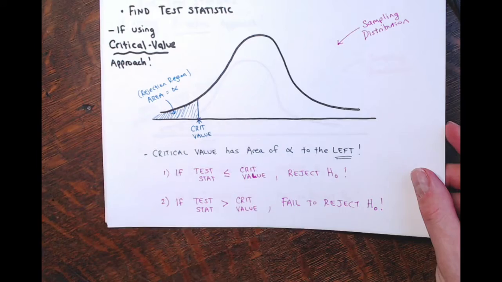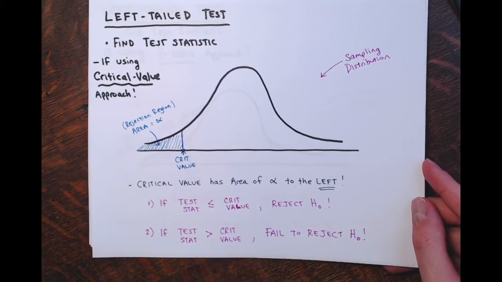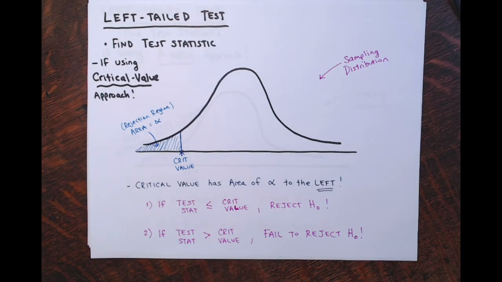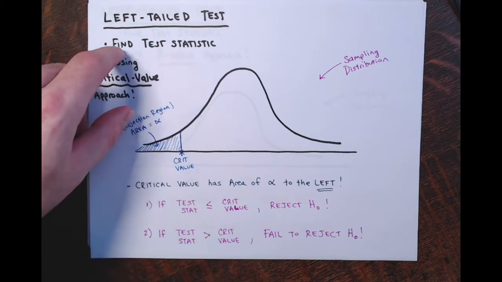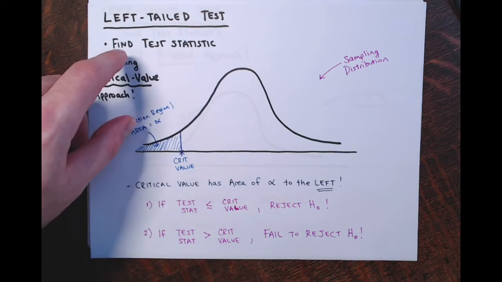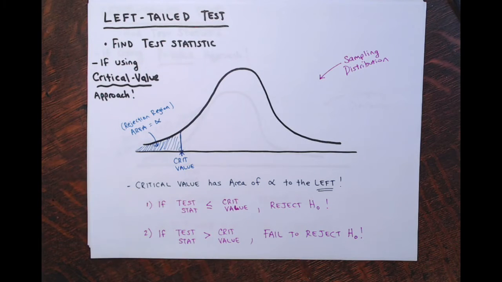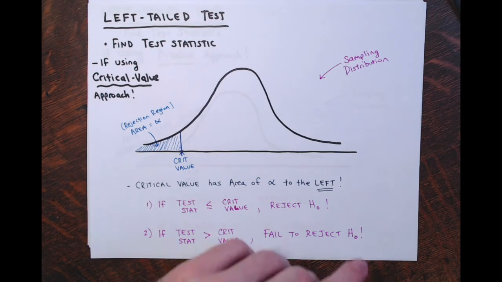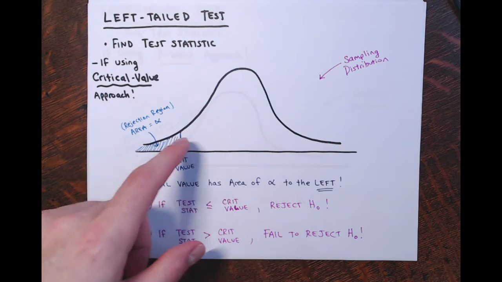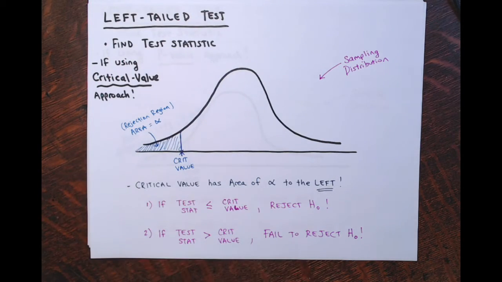So remember, if you're doing a left-tailed test with this critical value approach, first you find your test statistic for the sample. Of course, that's always done before you find critical values or p-values or anything like that. And then say you have a picture here of say your sampling distribution is normal or student's t or whatever.